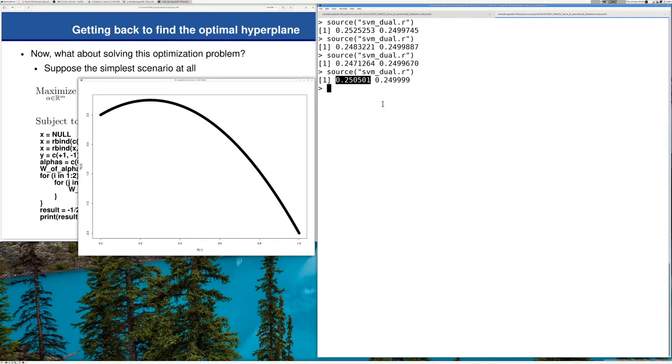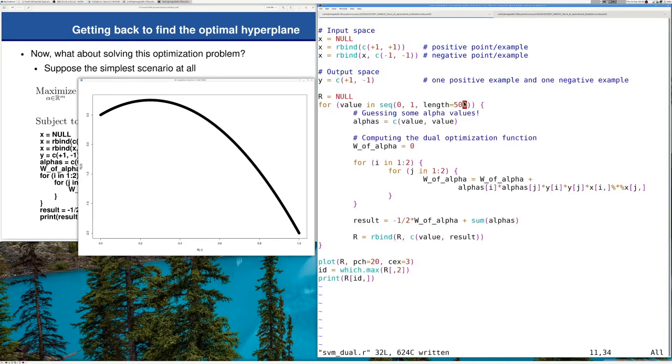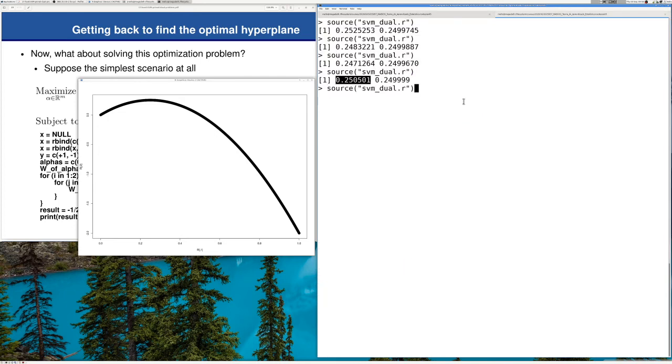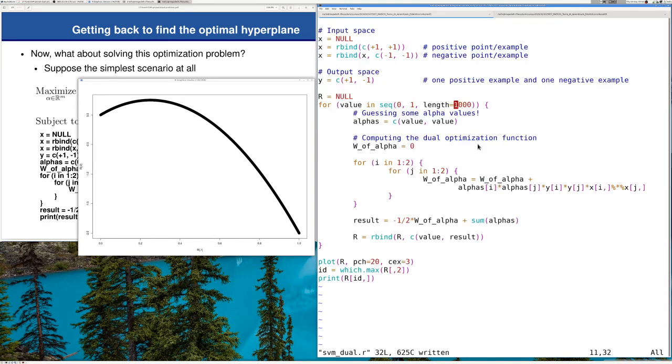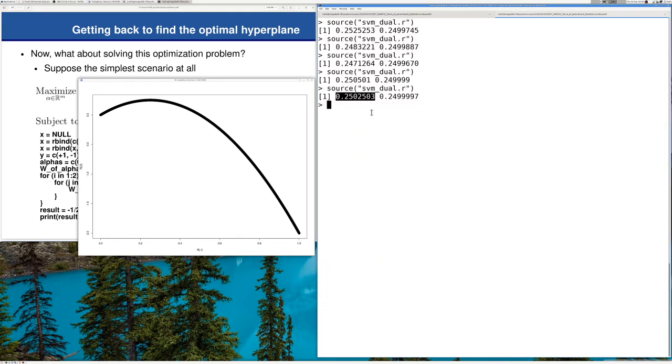That's enough. Or maybe I could use like 1000 and try to get even closer. The problem here, of course, is that I'm not at that exact point. But no problem. Let's use this as our solution.